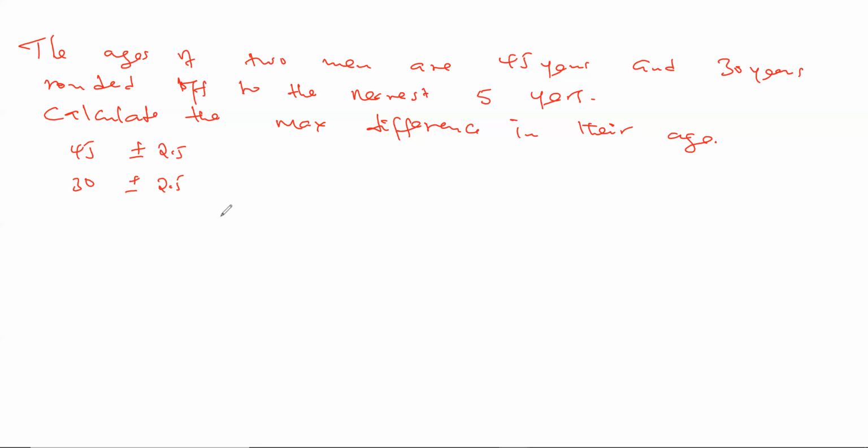So if you want to get the maximum difference in the ages, you're supposed to say the maximum of 45, your actual 45, minus the minimum of the other.